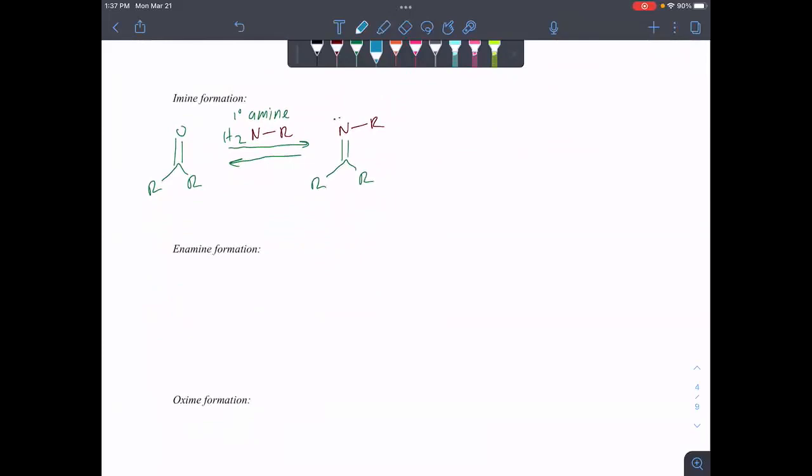I'm going to draw it like this. It can be either a ketone or an aldehyde, it doesn't matter. Over here, I drew a ketone, and it has a propyl on one side and a methyl on the other side. So in the final product, which side is the double bond going to go on?